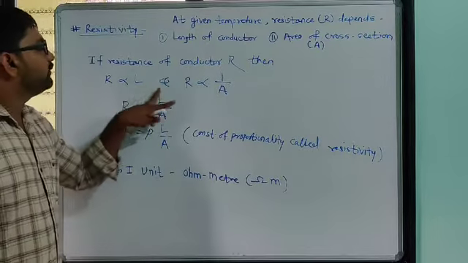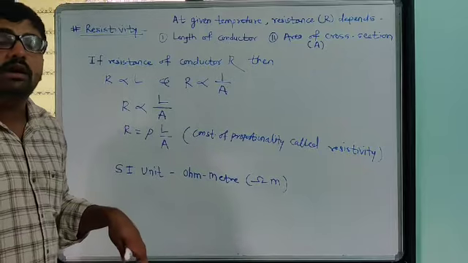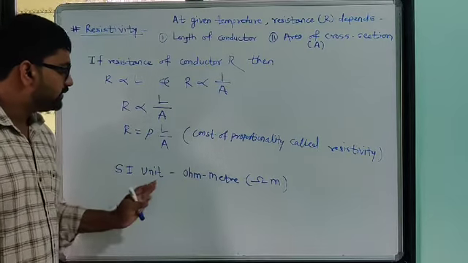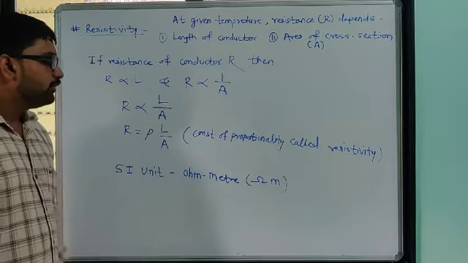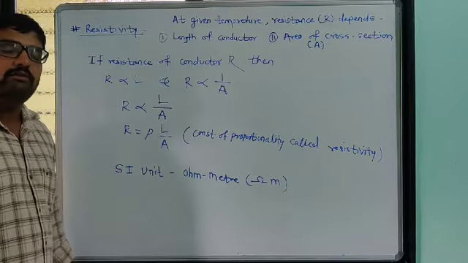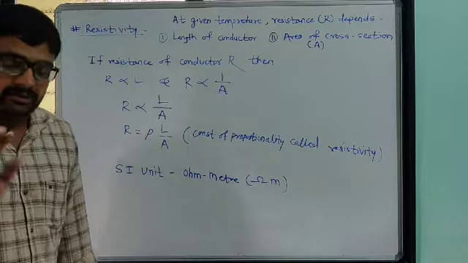If you remember those two parts, then the remaining you can very easily write. Also you have to remember the unit of resistivity, which is the ohm meter. Now we have to see the next topic, that is the electrical circuit.